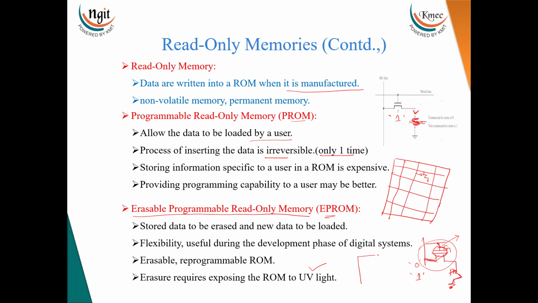If this is a chip, one window will be provided on it, and if UV light is exposed through this window, the charge trapped in this transistor can be evaporated. This is how we can rewrite the program into the erasable programmable read only memory.